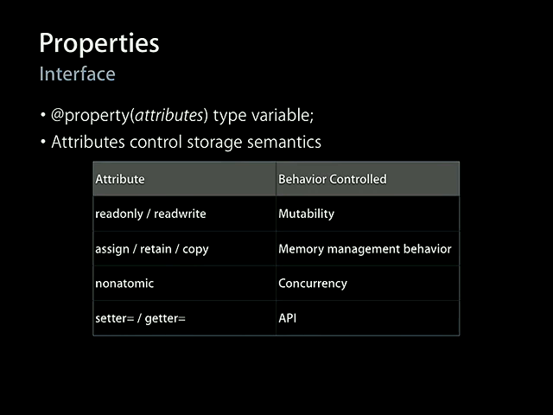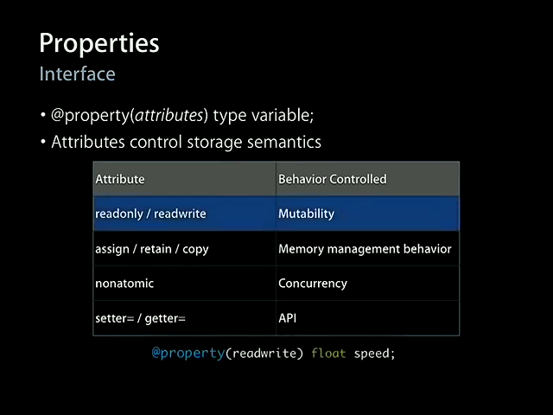The attributes control the storage semantics. In particular, the attribute readonly or readwrite, you can use one or the other, controls whether or not that property will be read-only or read-write, whether or not the property implies, in this case, that both speed and setSpeed, the methods, will be available, or if just speed will be available.